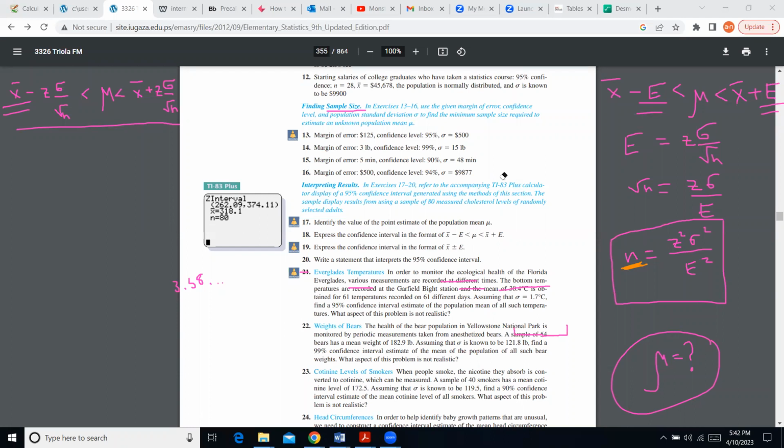So if you select enough elements, that will give you a good estimate. Like, for example, if they look at the so-called margin of error of 3 pounds. So I'm looking at exercise 14.